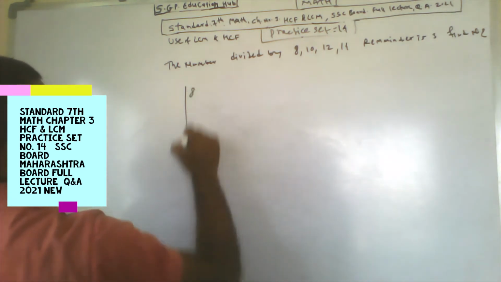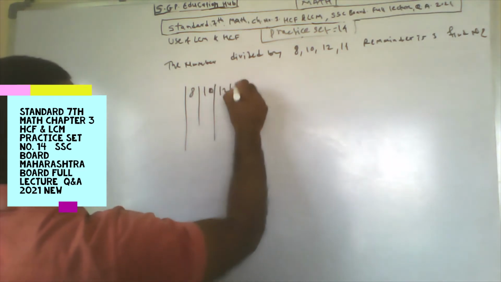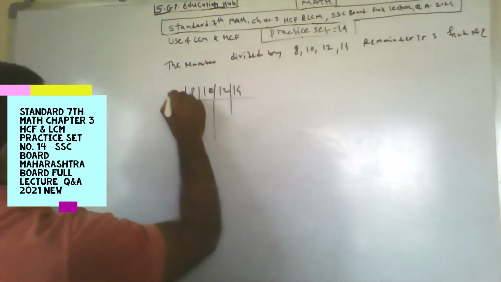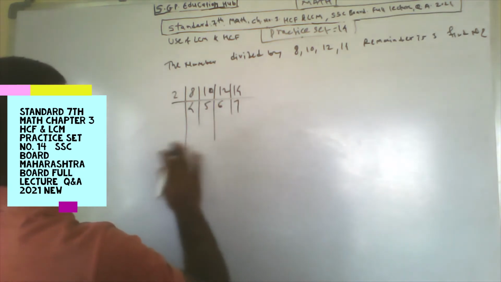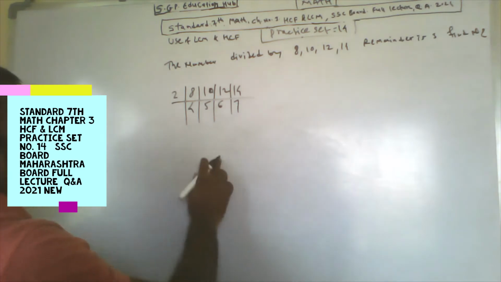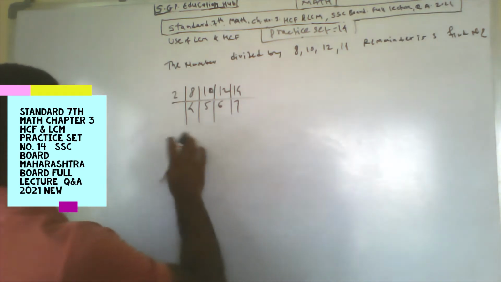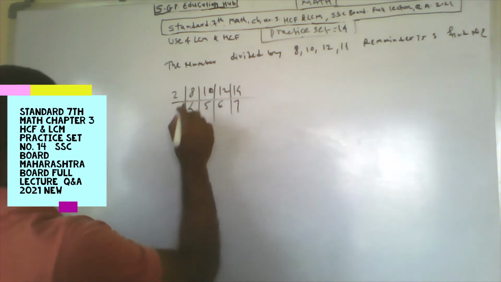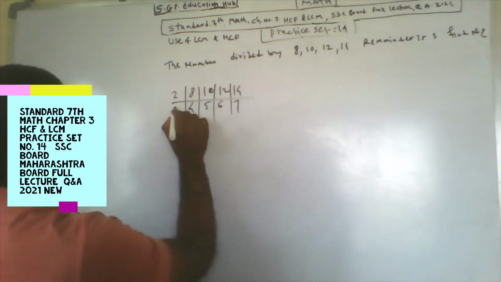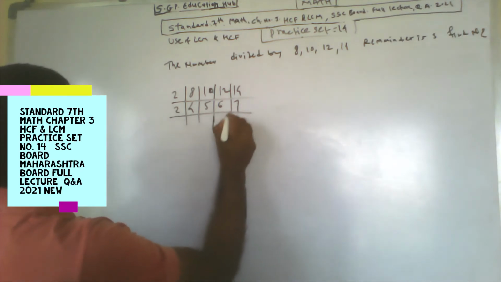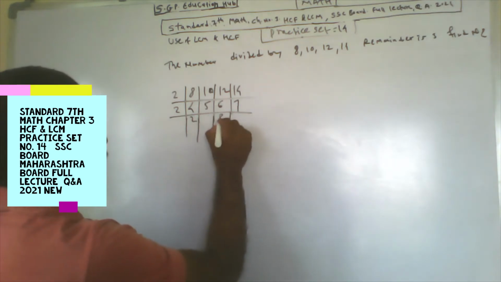8, 10, 12 and 14 are all even numbers. So divide by 2: 4, 5, 6 and 7. Now the four numbers can be divided by any other common number? No, so this is the HCF. Now for the LCM we are going to divide more. 2 2s are 4 and 2 3s are 6.